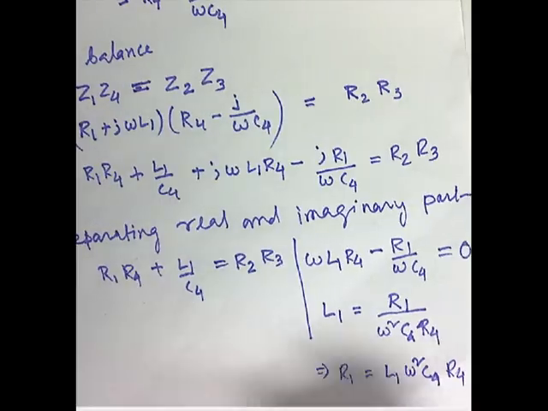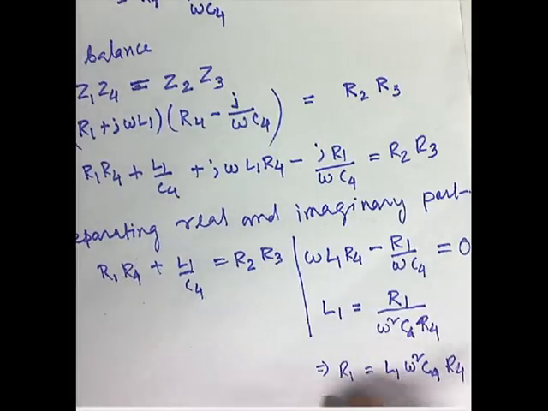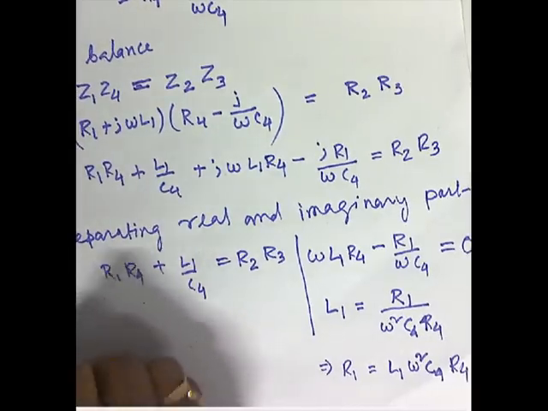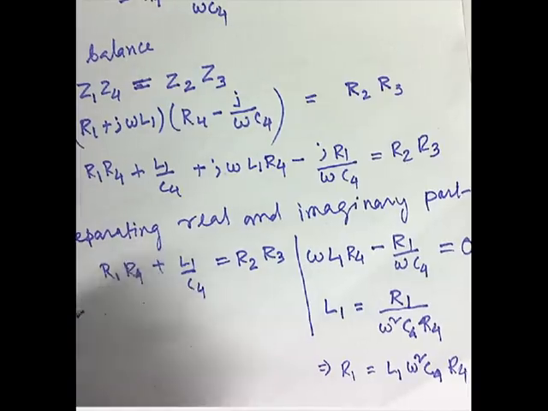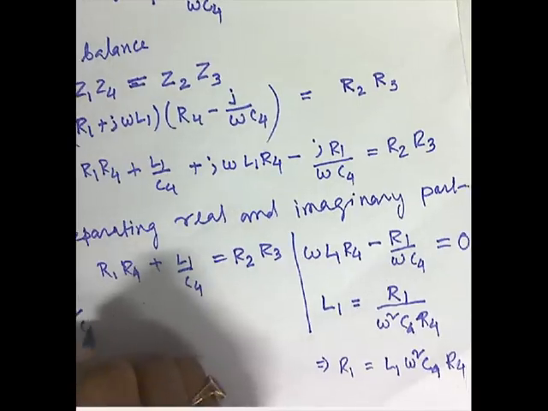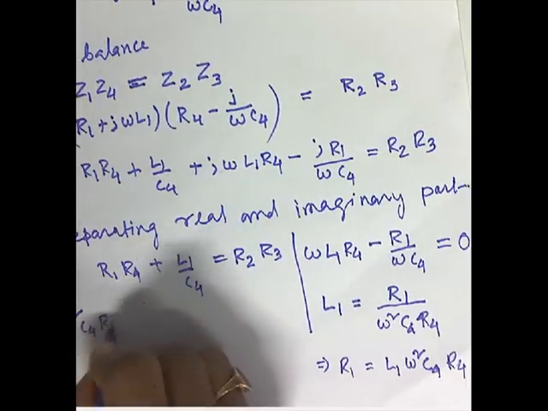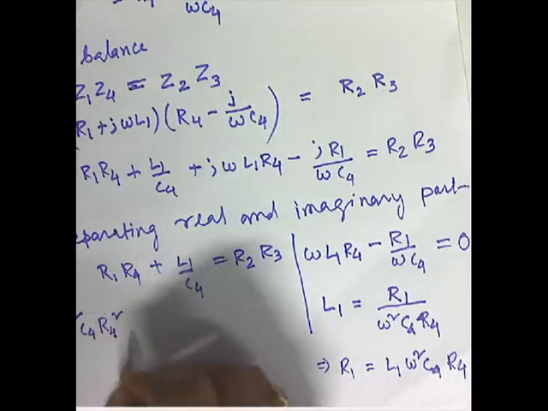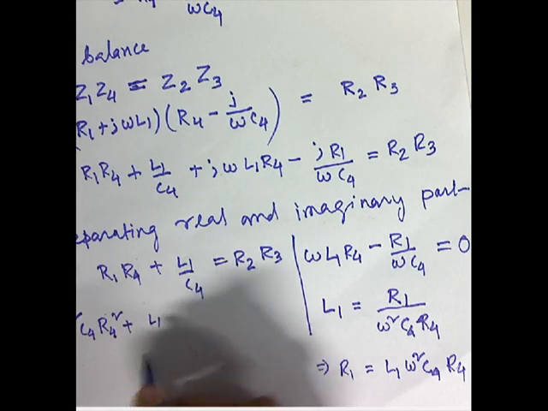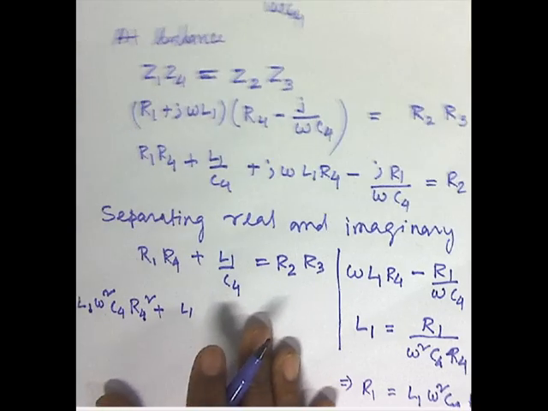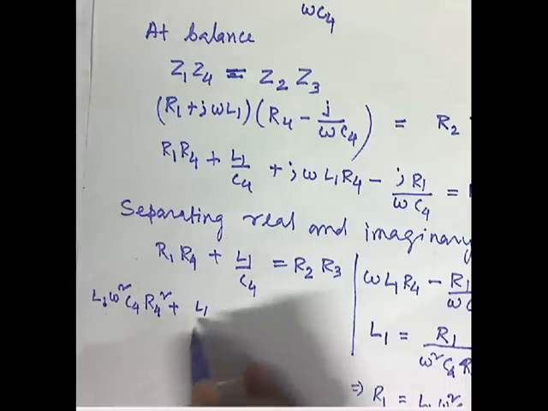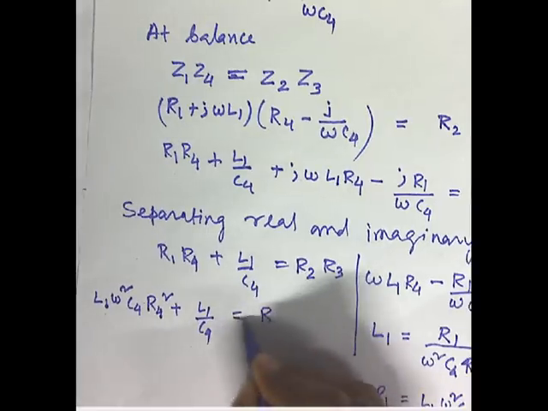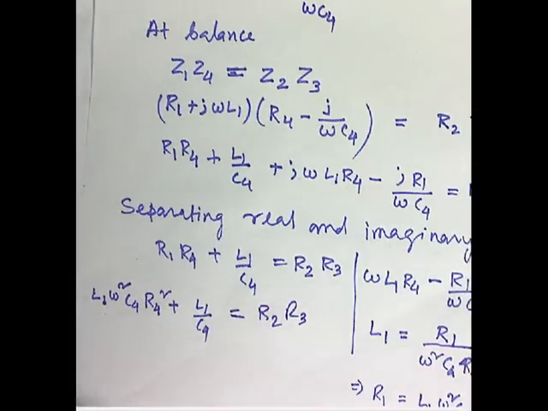Now putting the value of R1, here we are getting L1 omega square C4 R4 square plus L1 by C4 is equal to R2 R3.